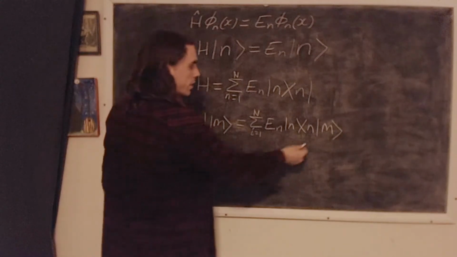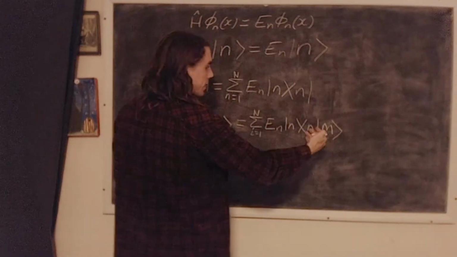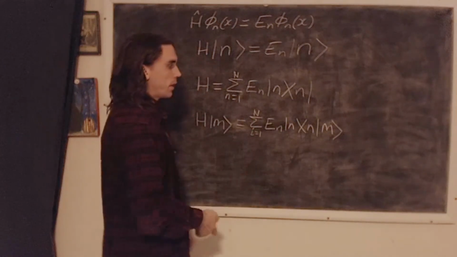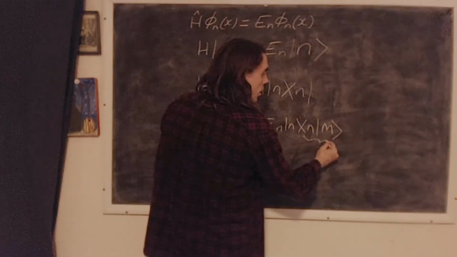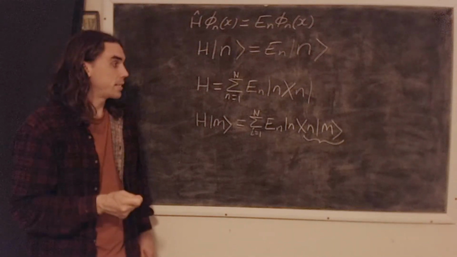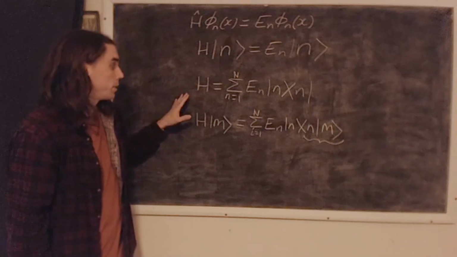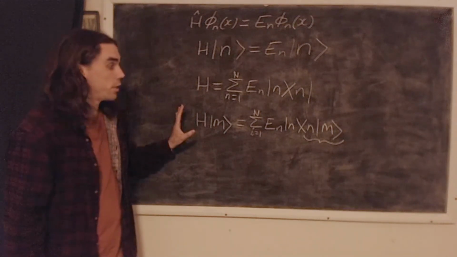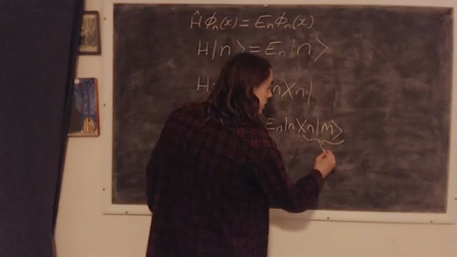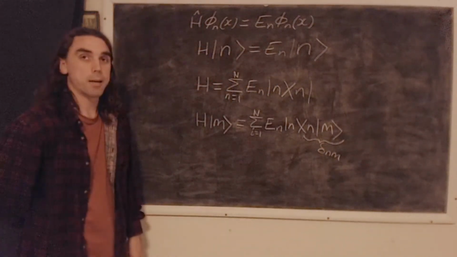That is, we can act this whole object onto m, and the m is happy going in and out of the sum. But this object here, by definition, remember that we have a complete orthonormal basis for our eigenvectors of any Hermitian matrix, but in particular of the Hamiltonian. This thing is just a Kronecker delta, defined to be 1 when n equals m and 0 otherwise.